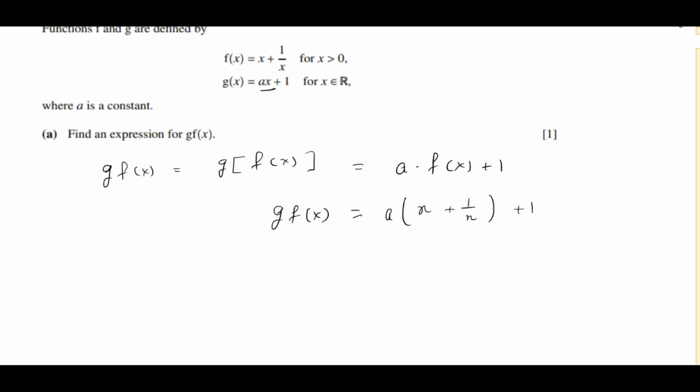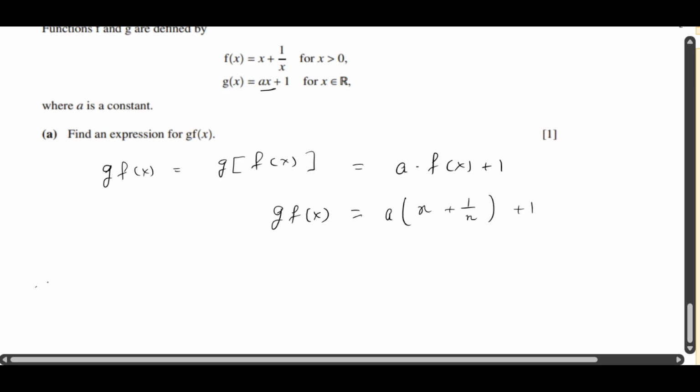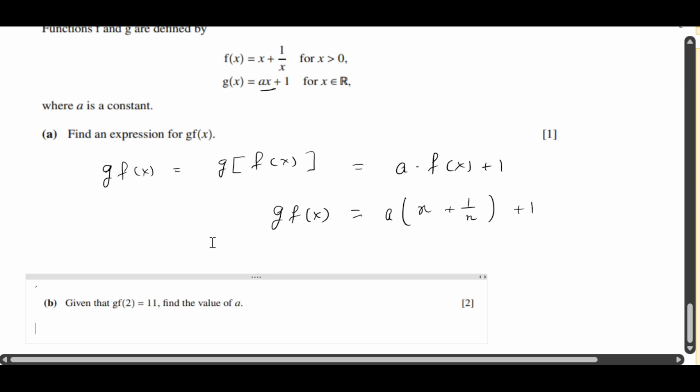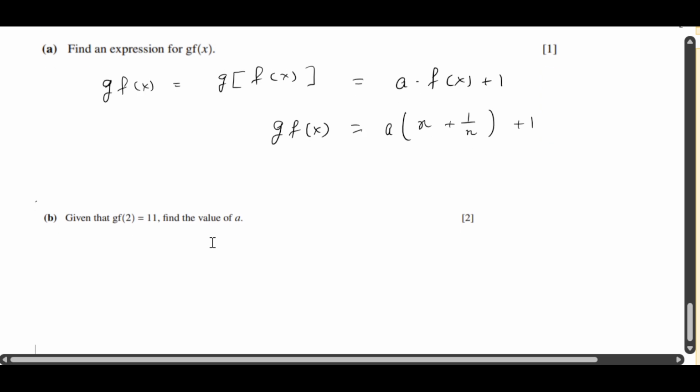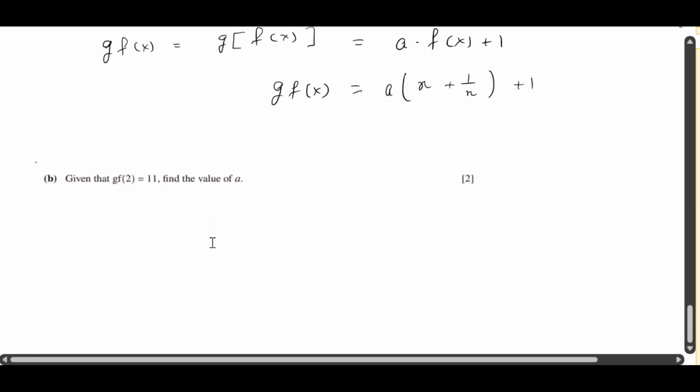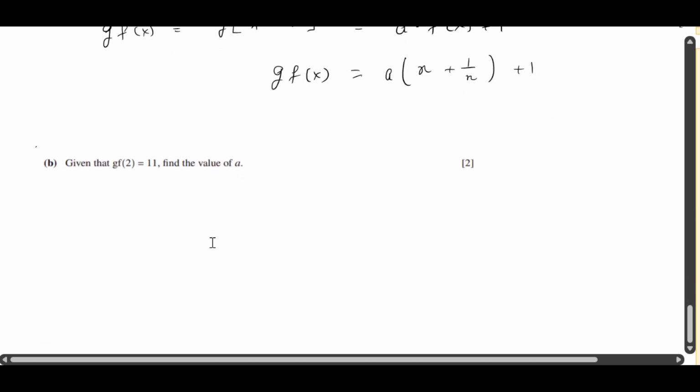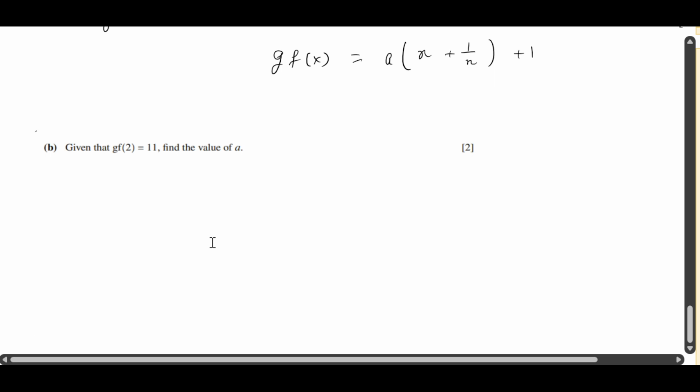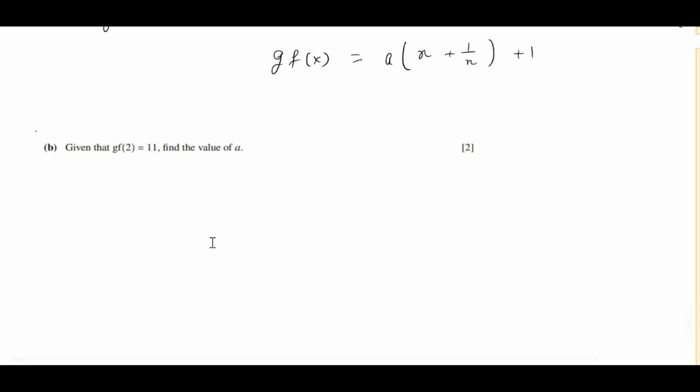Okay, so the next part of the question is: now you are given g(f(2)) is 11, find the value of a. You try this question first and let me know the value of a.